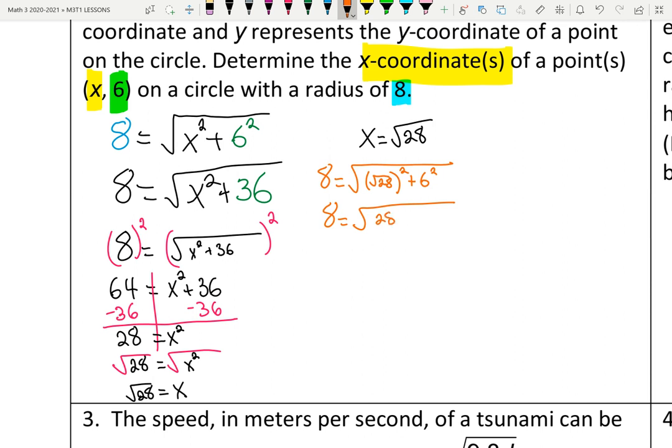This is just going to be 28 because the radical and the power cancel each other out. And we already know 6 squared is 36. When I add these two together, it makes 64. And the square root of 64 is 8 or negative 8. So this is good. So my x value is equal to the square root of 28.